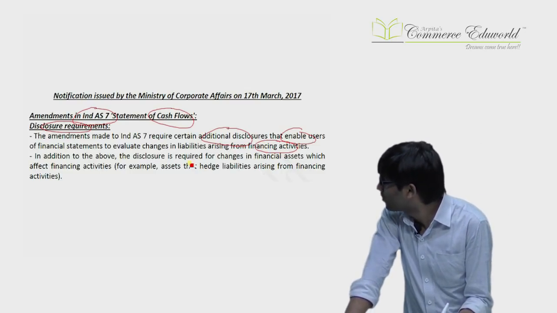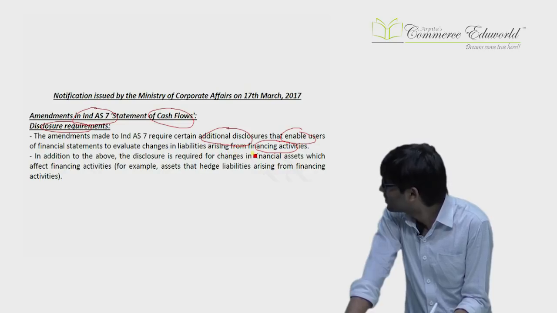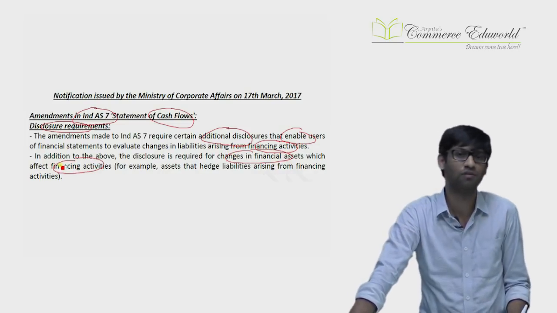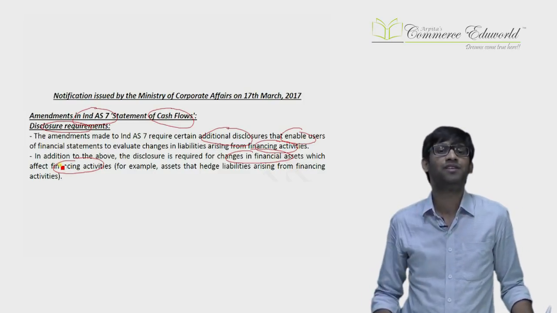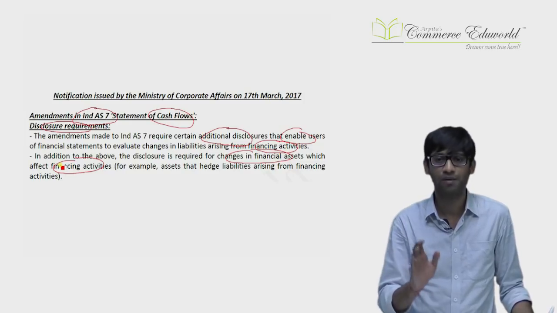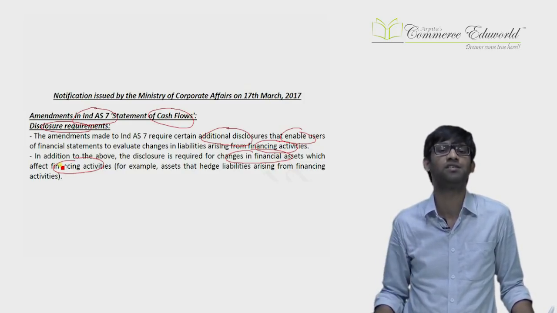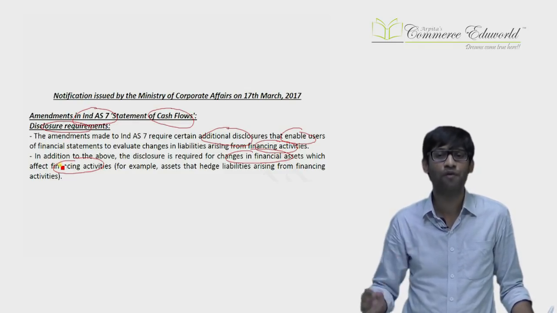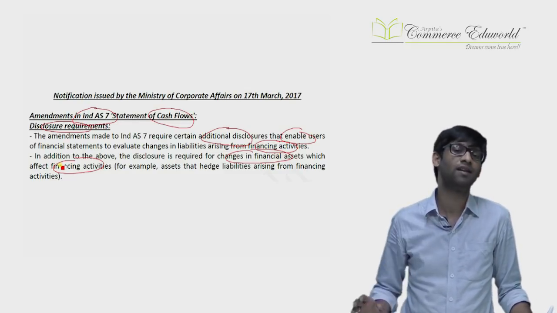Next, you also have to make disclosure for changes in financial assets which affect financing activity. Can you give an example? There are certain financial assets that are specifically bought to hedge the risk regarding a financial liability. Example, I have taken a loan from a foreign country. That's my financial liability.